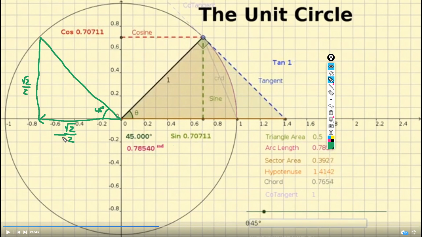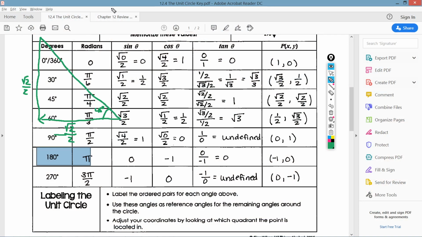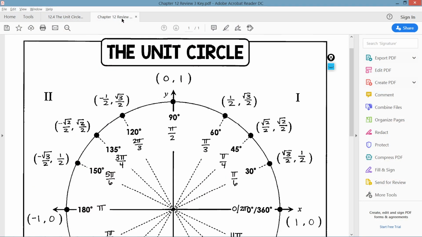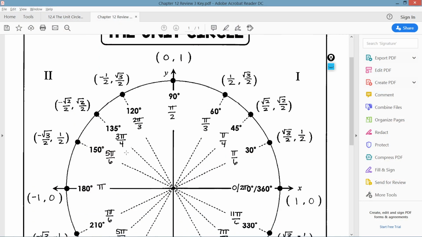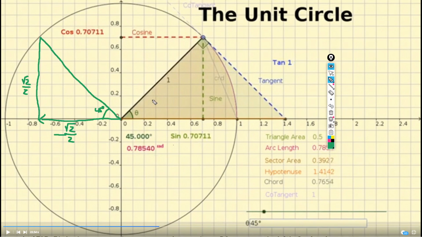That's it. Let's take a look at our unit circle over here. Let's look right here, at 135 degrees. What do I have? Negative root 2 over 2, root 2 over 2. Just like I had over here.